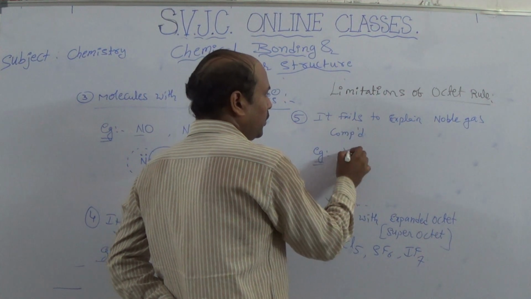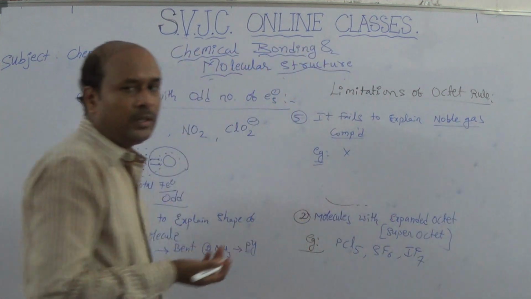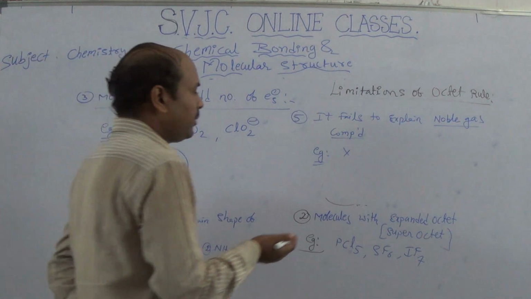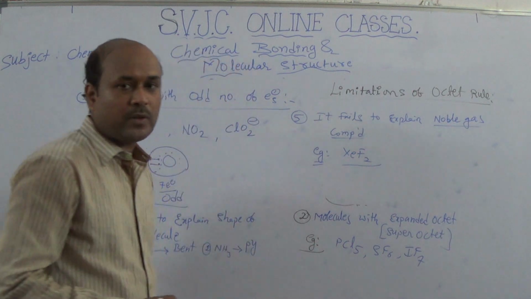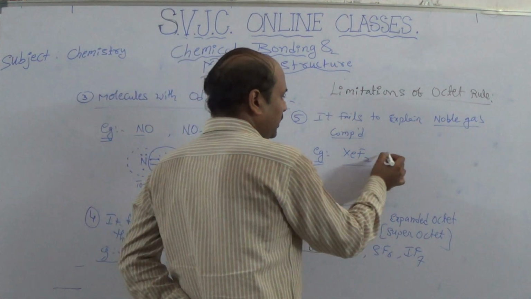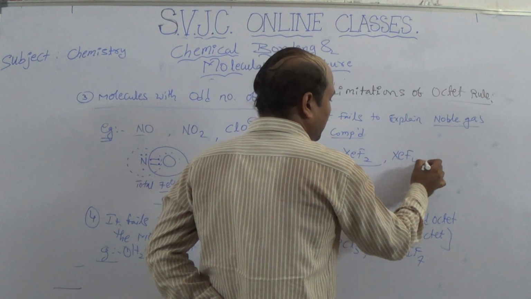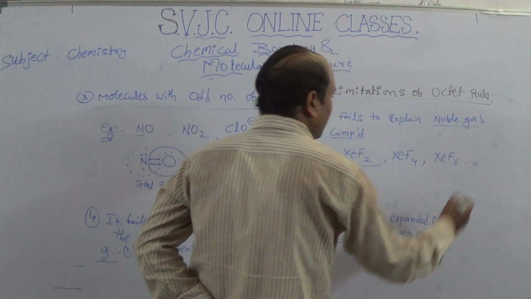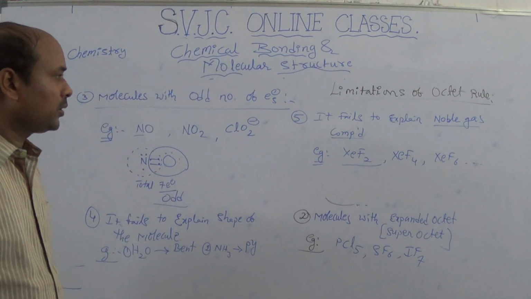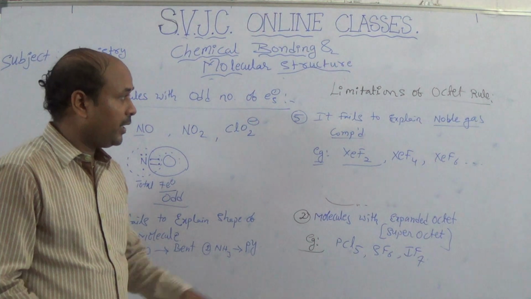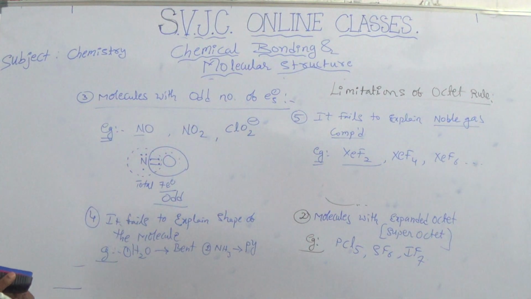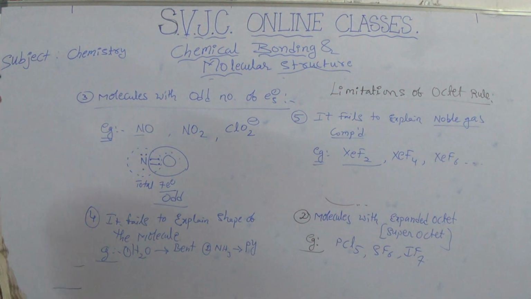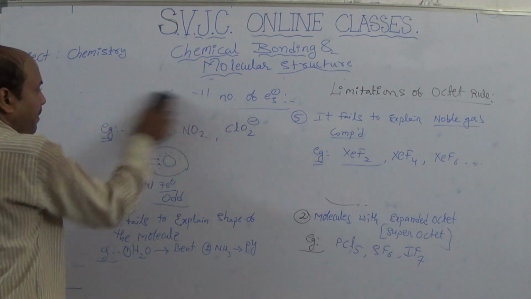Noble gases are already stable, that is, they obey the octet rule, but they are also involved in compound formation with highly electronegative atoms like fluorine and oxygen. Here xenon difluoride, xenon tetrafluoride, xenon hexafluoride compounds also exist, but the octet rule does not explain them. So these are the limitations, and they are very important for competitive exams. Okay, students.